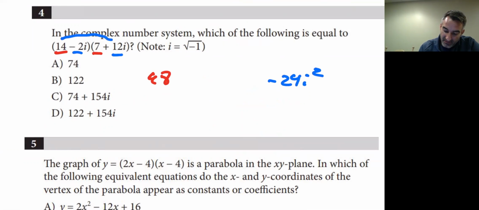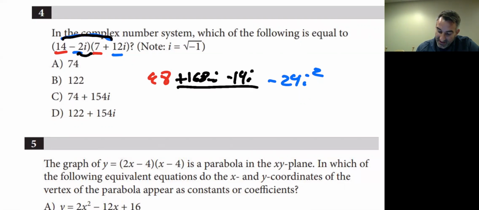Now I do that part. I do the outside. So 14 times 12, 168. So that's going to be plus 168i. And I do that, minus 14i. If I do it right, I got to combine that. So 98, okay, 168 minus 14, 154.